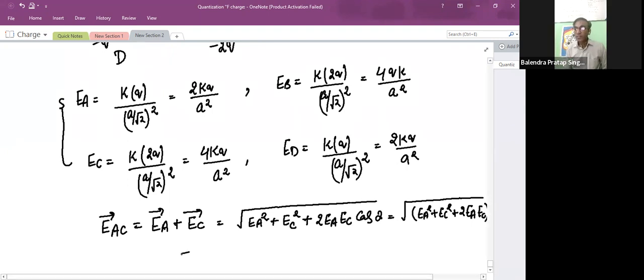So if two vectors are parallel, then their sum is just a simple sum. Vector AC is equal to EA plus EC.